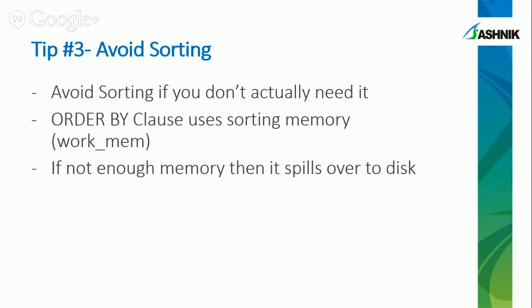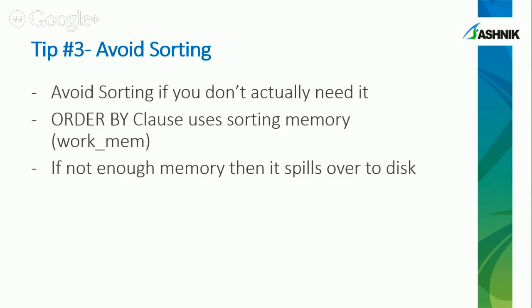Now when sorting goes to disk, there is IO involved, which slows down your query. You can obviously overcome this by setting your work mem to an adequately high amount of memory, but that could be overkill sometimes. So try to avoid order by clauses as much as possible, but when your business needs it, obviously you cannot avoid them.